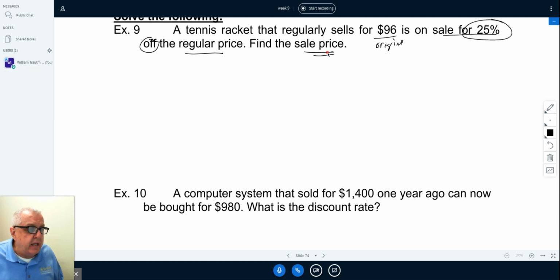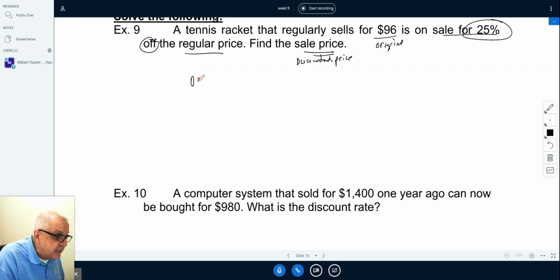Would you agree sales price is the same thing as discounted price? When something's on sale, you're getting a discount. So there's a formula for a discounted price. I'm looking at our formula sheet. It says finding the total discount.